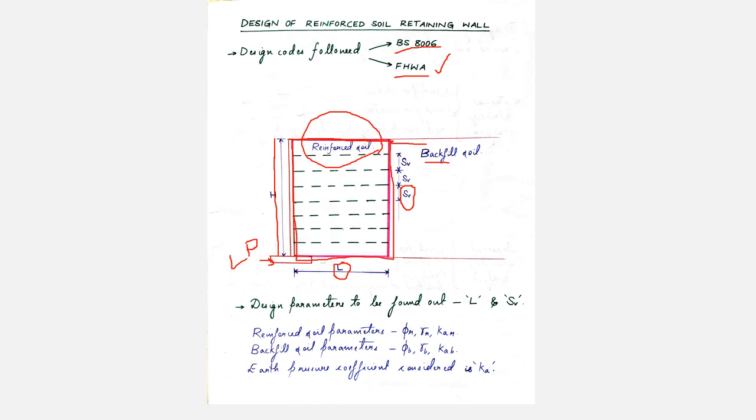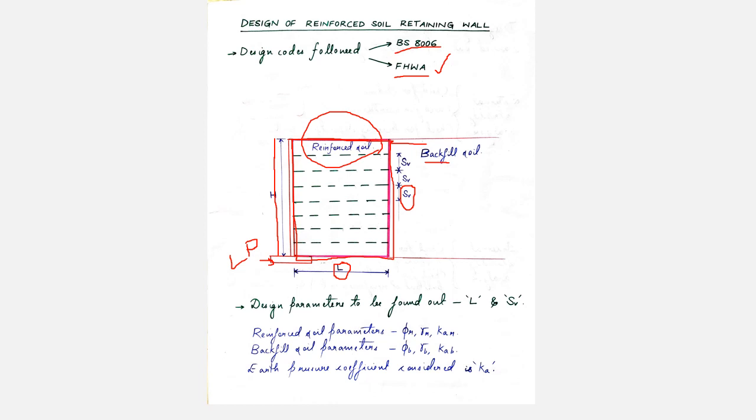So in order to provide that lateral restraint, or to keep it in place, we'll be giving reinforcements. Now, in flexible reinforcements, the soil has to move a little for the tensile force to mobilize in the reinforcement. Whereas in a rigid or stiffer reinforcement like metallic reinforcement, we would use the coefficient of earth pressure at rest up to a certain height or depth of the wall.